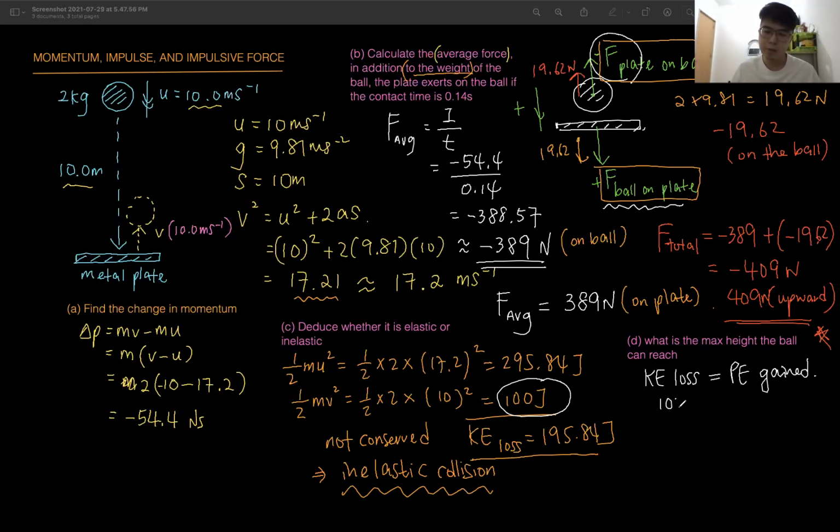So 100 joule equals mgh. Here m is 2 kg, g is 9.81, and h is 5.10 meter. This is the maximum height it can reach after bouncing.